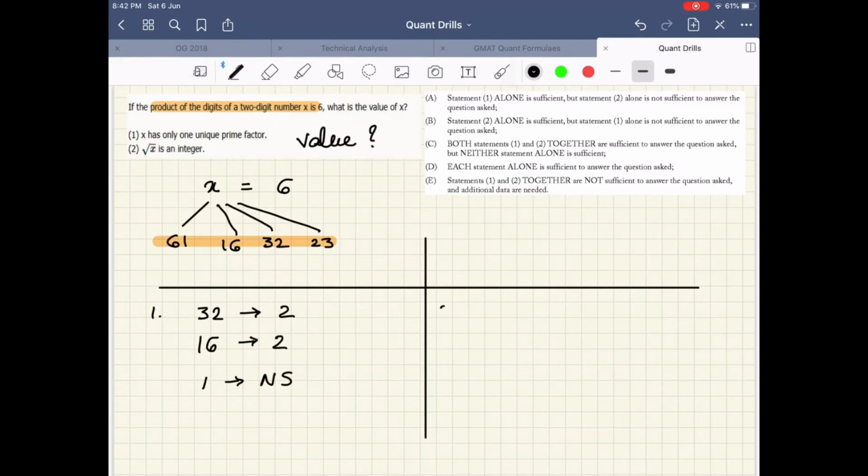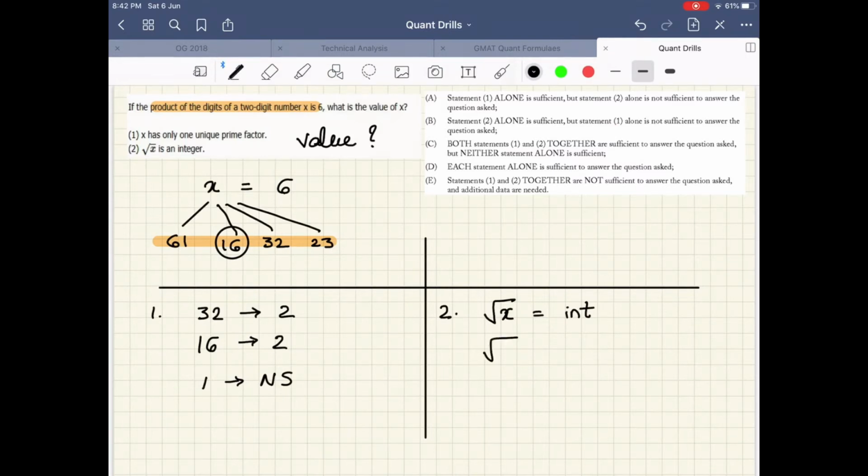Now let us move on to statement 2. Statement 2 says that the square root of x is an integer. Now if I see all the four numbers, we have 16 with us.